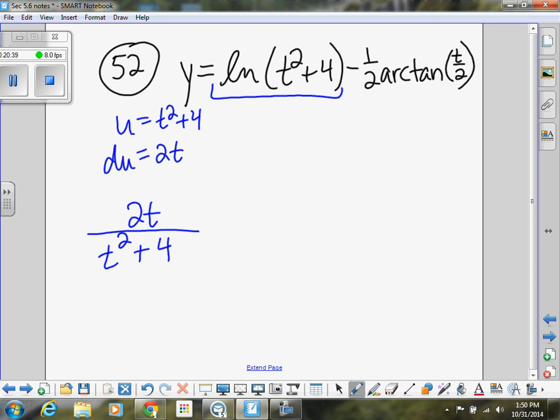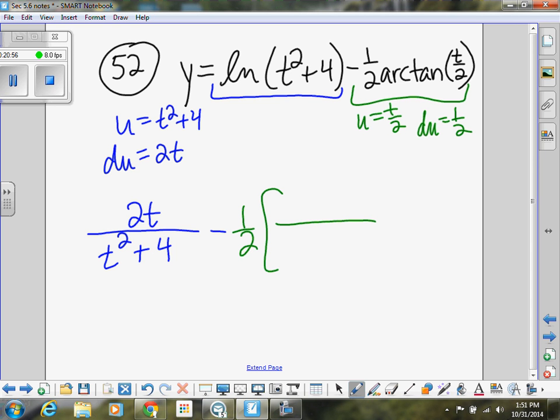Okay, then over here we have the new stuff. So what is my u for the arctan part? Yeah, t over 2. So my du is 1/2. So we've got our 1/2. Then my derivative of arctan has the du part in the numerator, and then the 1 plus u squared in the denominator.